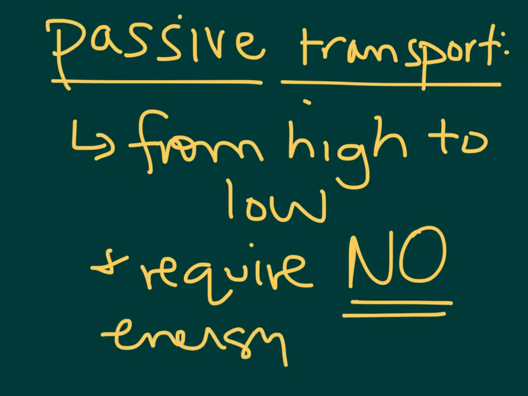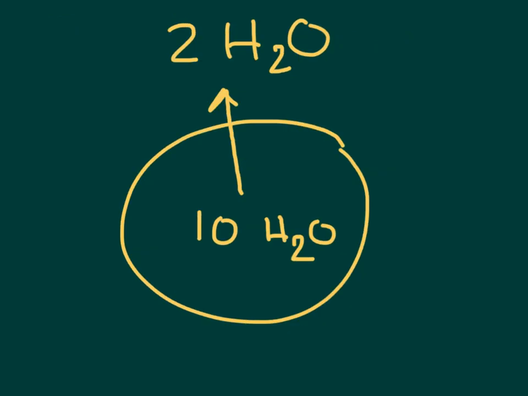They require no energy input. So you guys are good with that? When we move down the concentration gradient, we go from higher concentration to lower concentration until they've reached the same concentration, so 6 and 6.